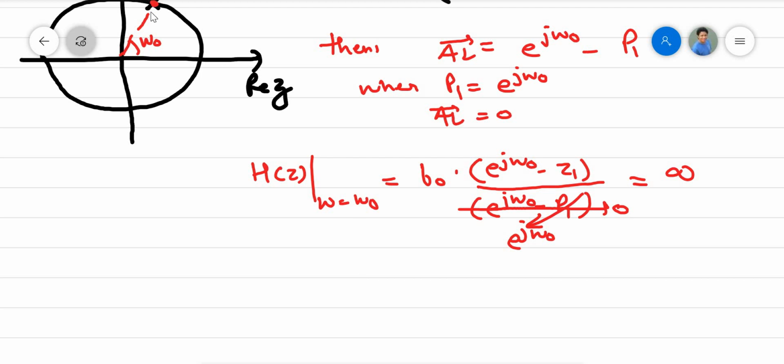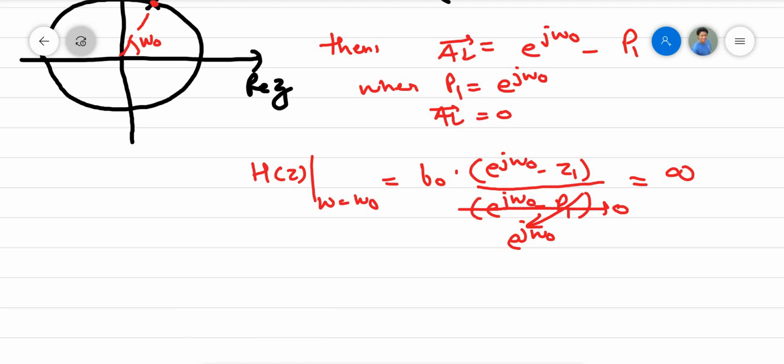So what does it mean? If a pole goes near that particular frequency, the response of the system will increase towards infinity for that frequency. So we have come to one conclusion.